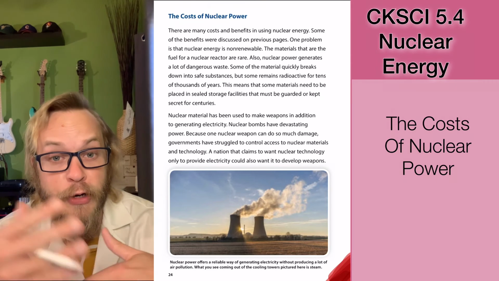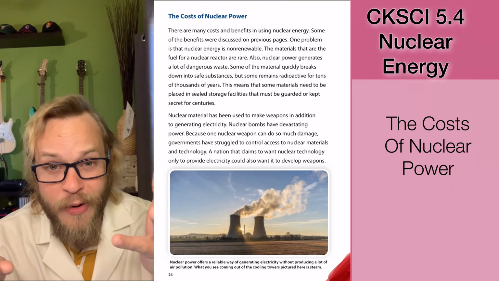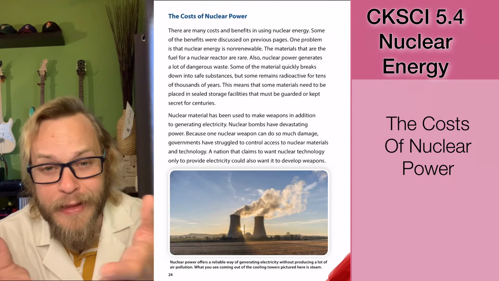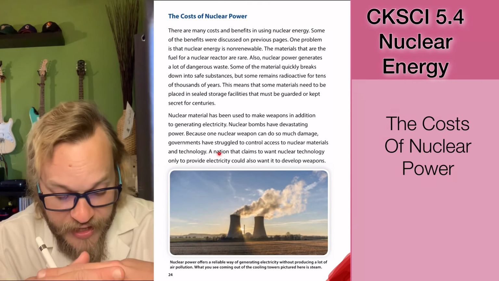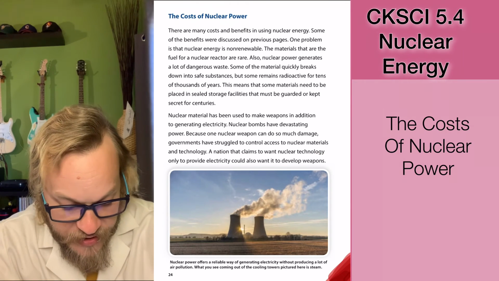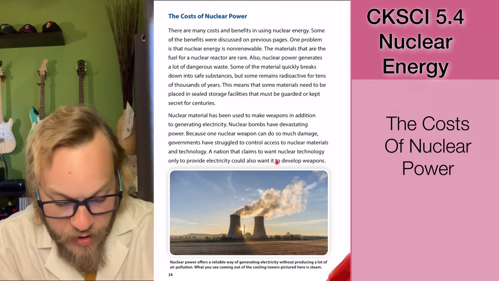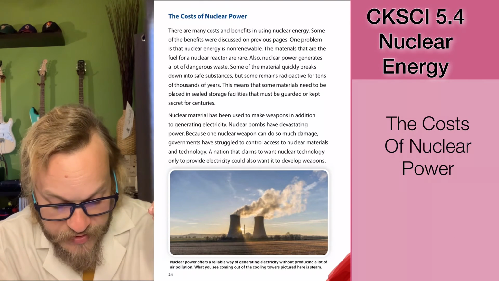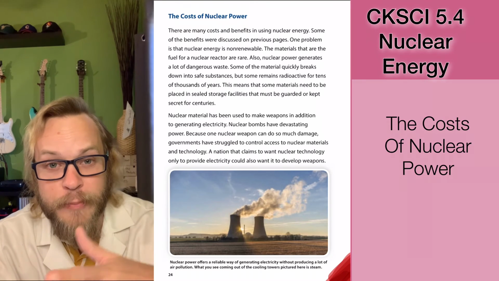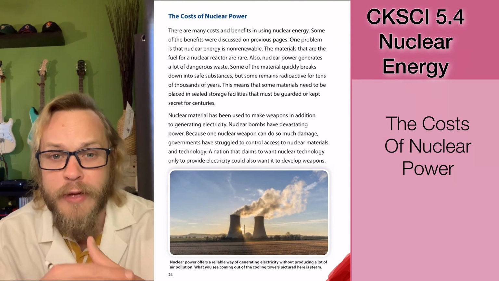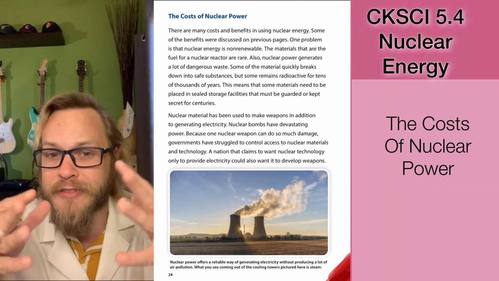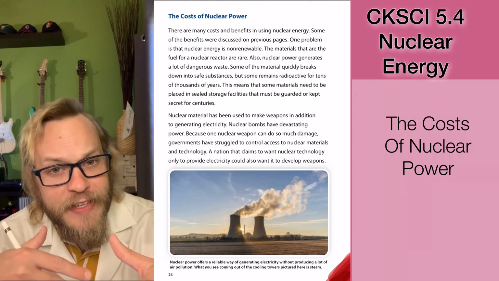It can be used for good, to power cities, or it can be used for bad and eliminate entire cities in the blink of an eye. A nation that claims to want nuclear technology only to provide electricity could also want to use it to develop weapons. Not everybody is truthful when they're trying to communicate with the United Nations or other governments about their intentions.